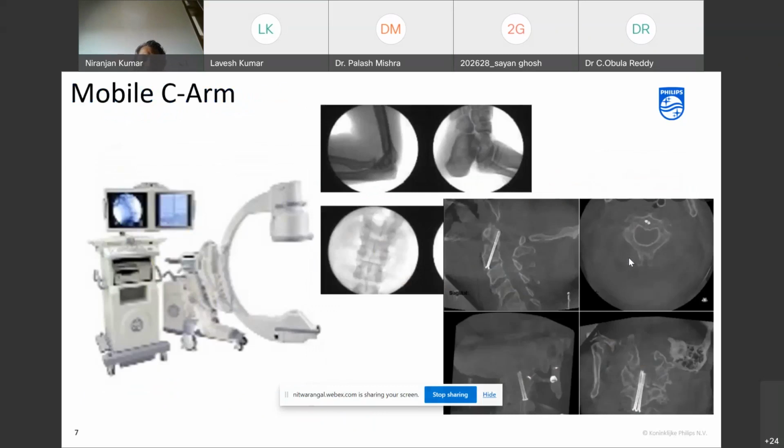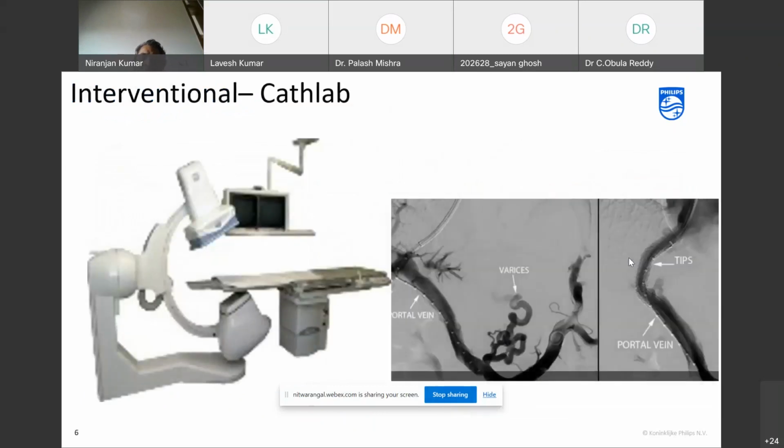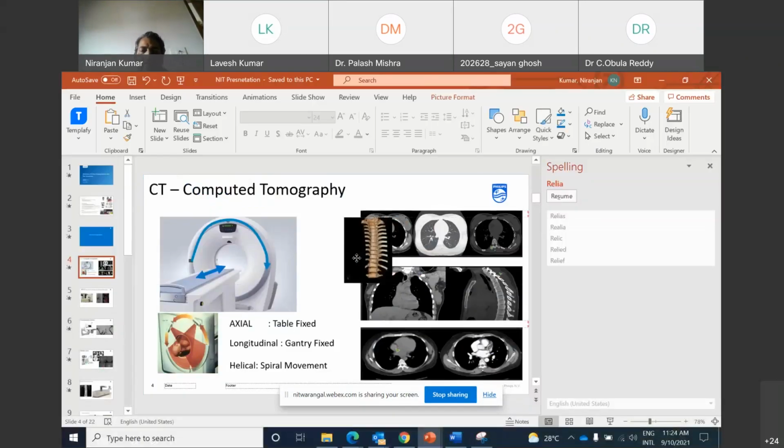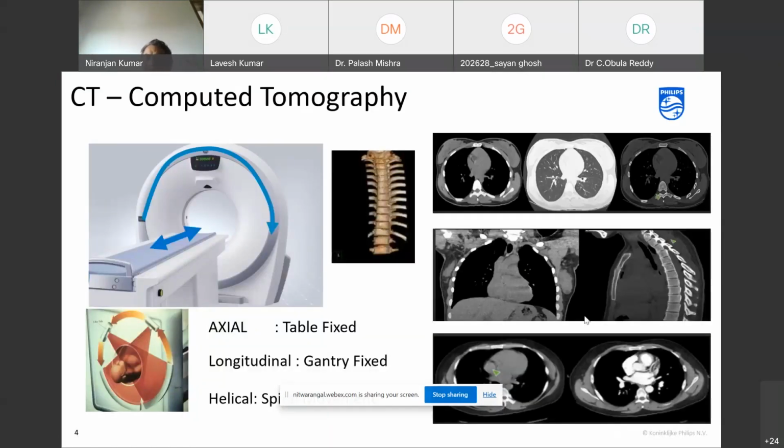If you go to the CT, let me tell you what happens. Are you able to see my cursor? So if I take one slice, and now I want to see only bones, I suppress the soft tissue, so I can see the bones.